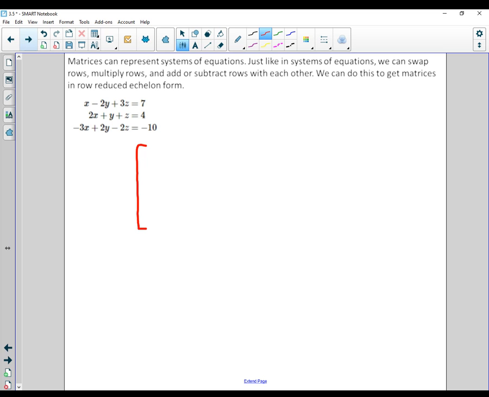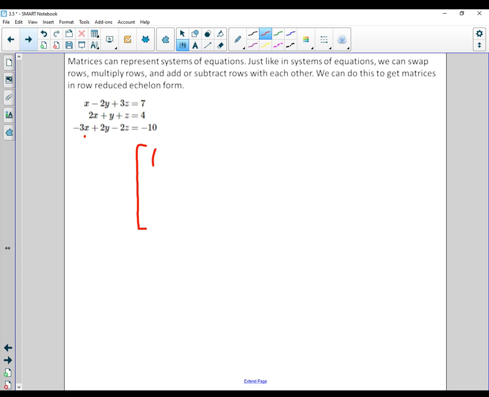And then, when we did systems of equations, we did graphing and substitution and elimination. You know how in elimination we multiplied whatever we wanted to multiply things by, and we added and subtracted rows? And it really doesn't matter if this row is up here or down here, right?